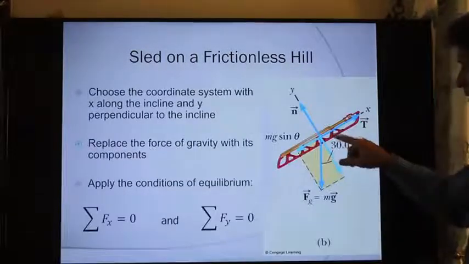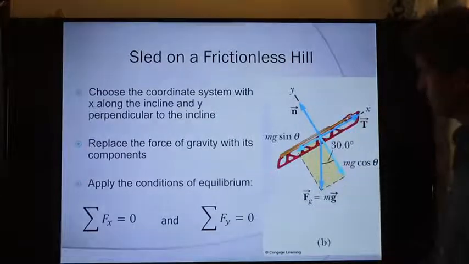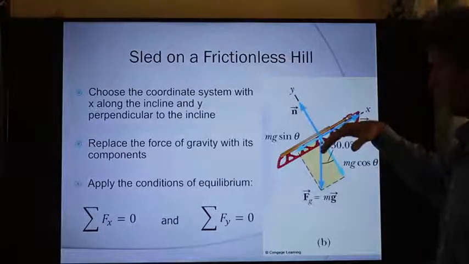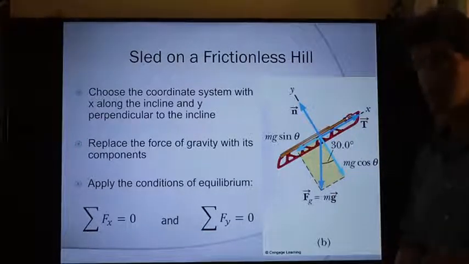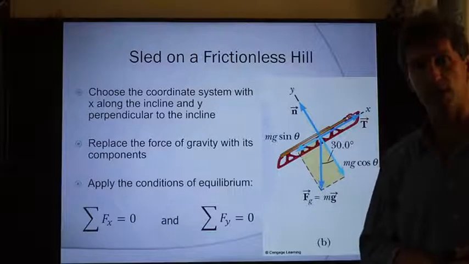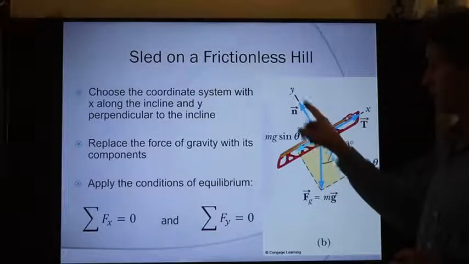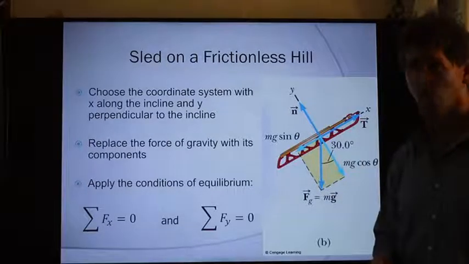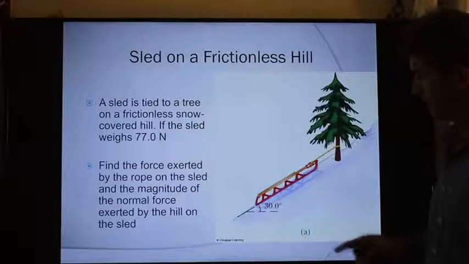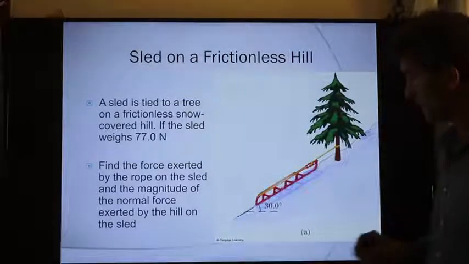Okay. Here is my free body diagram. Notice my weight pulls down. I've angled my coordinate system to match the symmetry of the problem. X now goes in the direction of the tension. The normal force goes in the direction of Y. Thinking about this, we always do this for the inclined plane problem. Why do we do that?